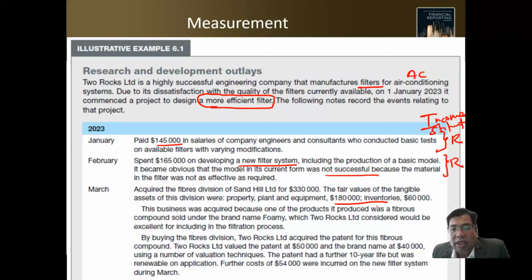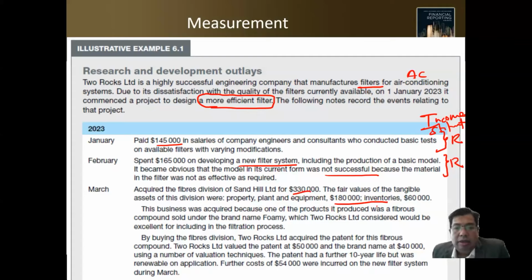So total is 340. Am I right? 340. This is the fair value, but you buy it at a very low cost here. 330.